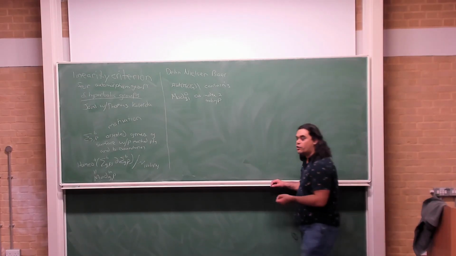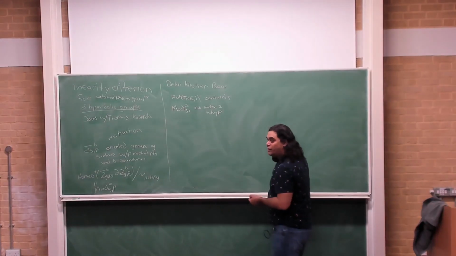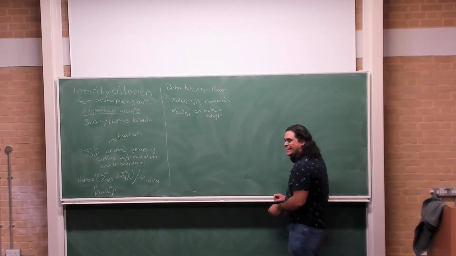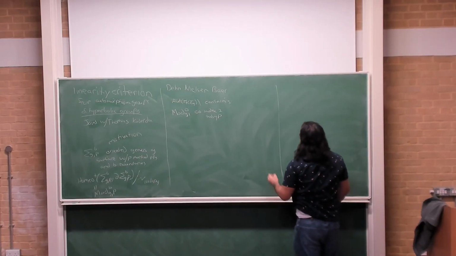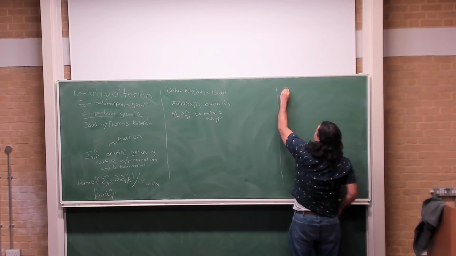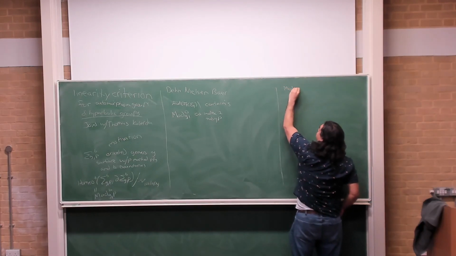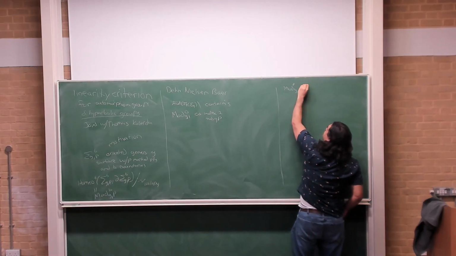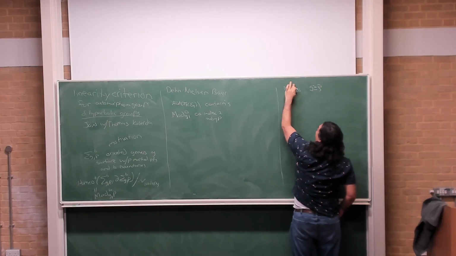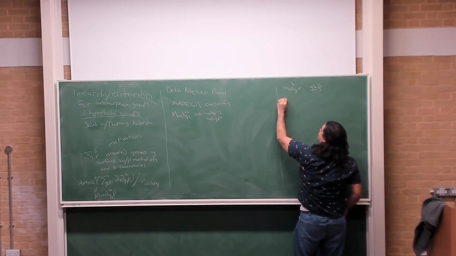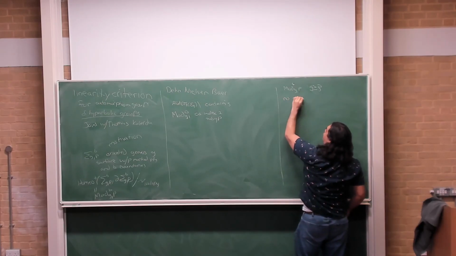For instance, our very own Jack has shown that these groups do not admit characteristic P representations, no faithful ones.